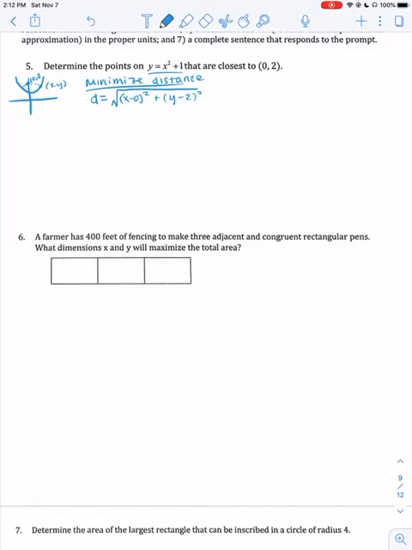And from here we can do a little bit of substitution. So first of all, x minus 0 squared is just x squared. And then I'm going to replace the y with my constraint, x squared plus 1.